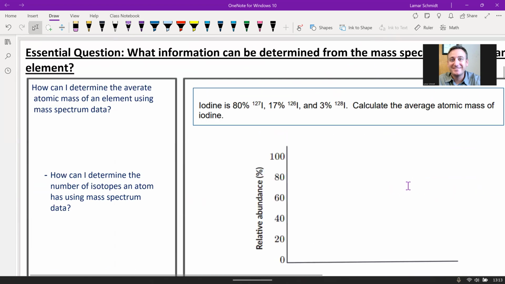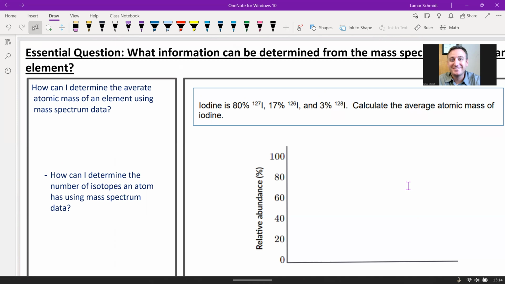More likely, and you will probably see several of these on your multiple choice section, this without a doubt you will see, all right? There is no doubt in my mind you're going to see this next part. So how can you determine the average atomic mass of an element using mass spectrum data?